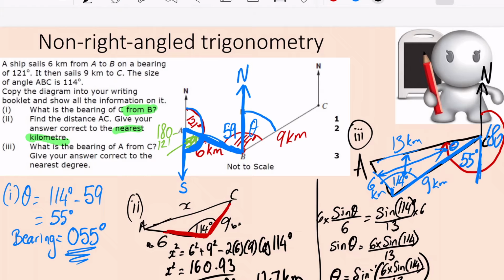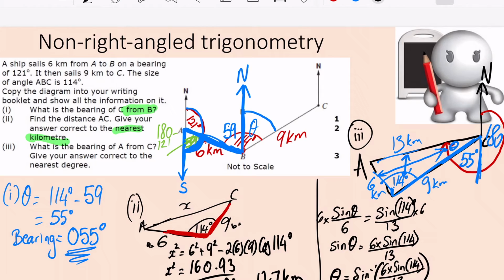So what will we end up getting for theta? To the nearest degree, I think the calculator answer comes out to be 25 degrees and 34 minutes, but to the nearest degree, it's going to be 26 degrees.